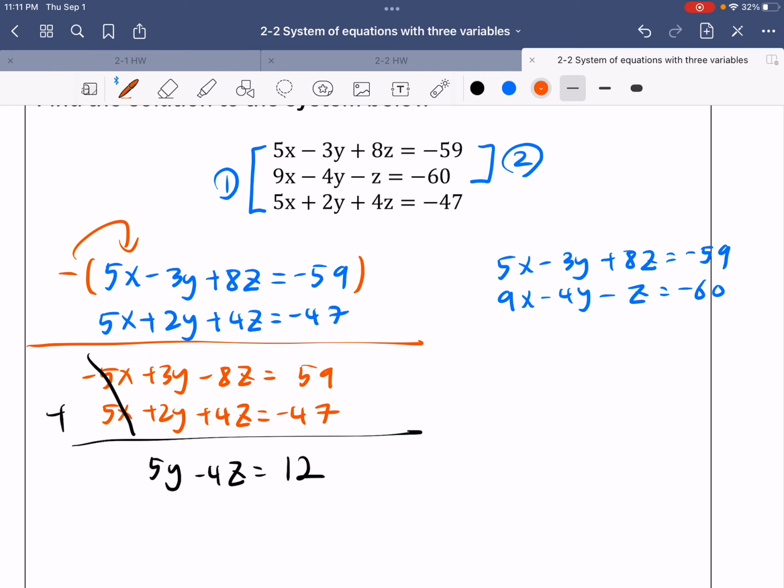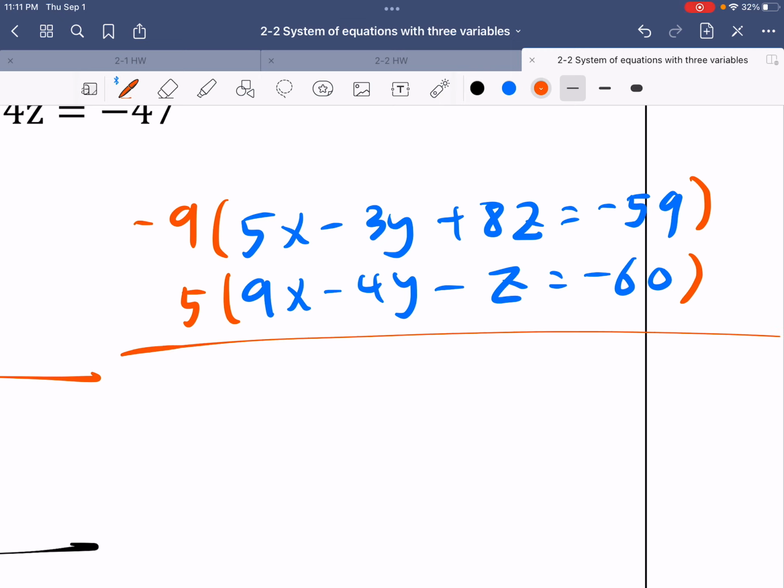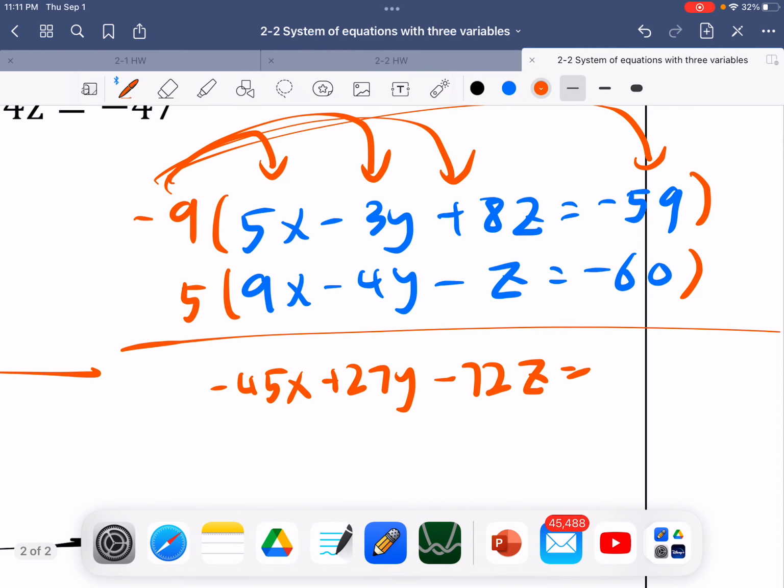And again, this time 5 does not go into 9, so you have to flip multiply, and you gotta put a negative to one of these. It does not matter which one you choose, but negative 9 times 5, negative 45. Negative 9 times negative 3, plus 27. Negative 9 times 8, negative 72. Negative 9 times negative 59, how could I know?